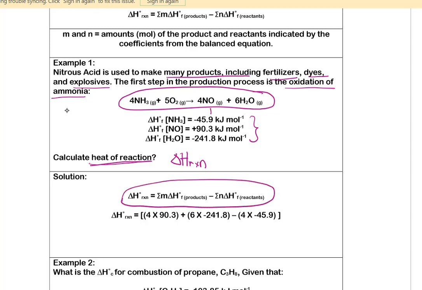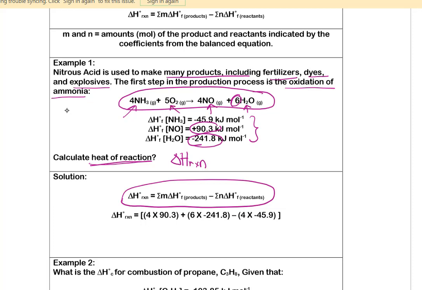Okay, so there are two products here. The number of moles of NO, which is 4, multiplied by this value, plus 6 moles of water multiplied by this value, minus, we also have two reactants.